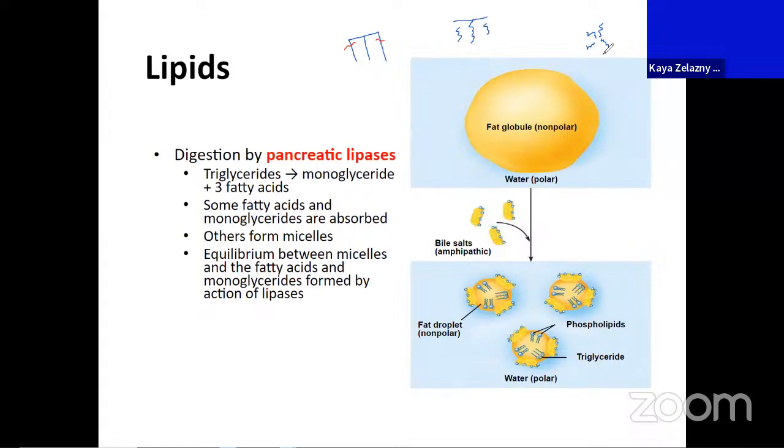Some of these digested triglycerides, in the form of fatty acids and monoglycerides, are still going to be in little collections in these micelle structures. And as they move through your gut, there's an equilibrium between the micelles and the fatty acids and monoglycerides that are being formed and absorbed. So I think we got a picture of that next.